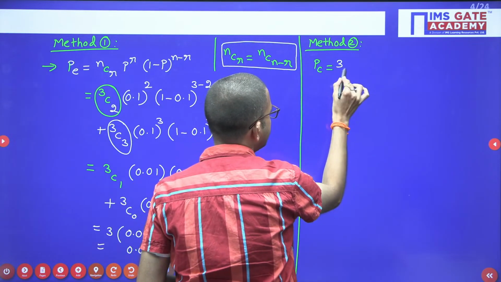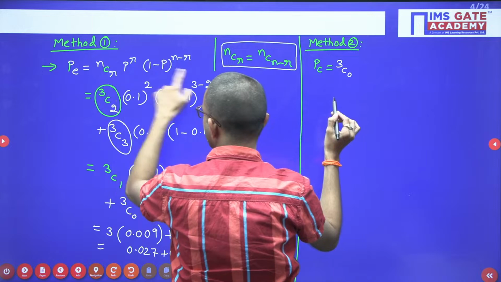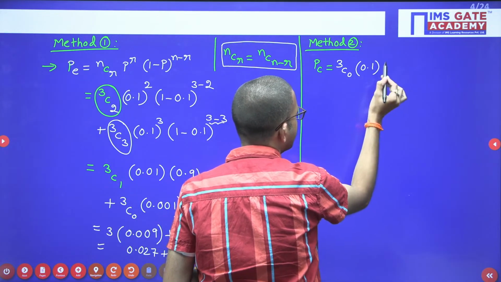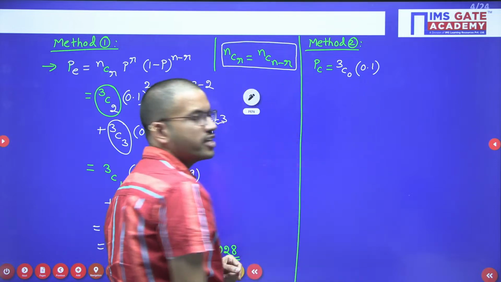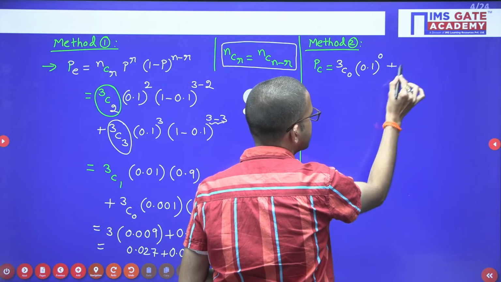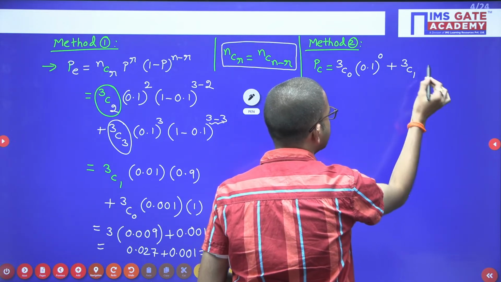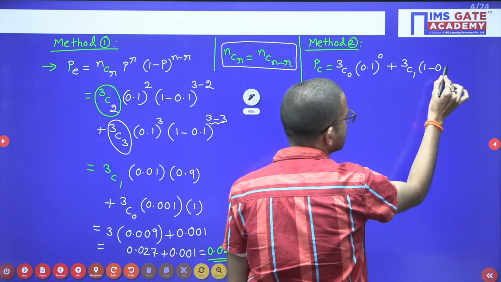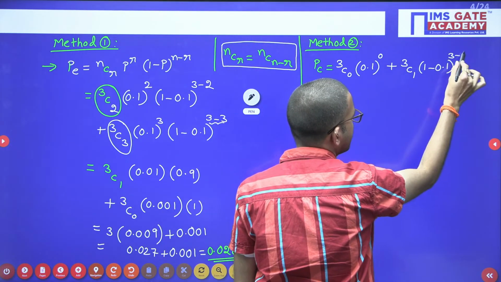So by using this formula, 3C0 into the crossover probability, 0.1 whole power r, which is 0, plus 3C1 into (1 minus p) whole power n minus r.